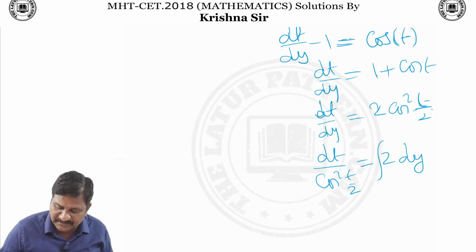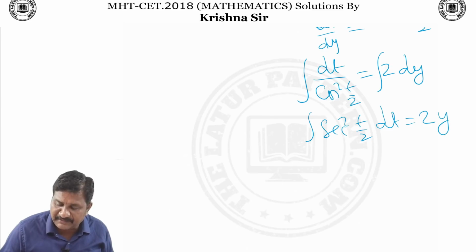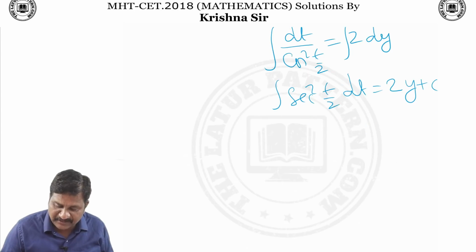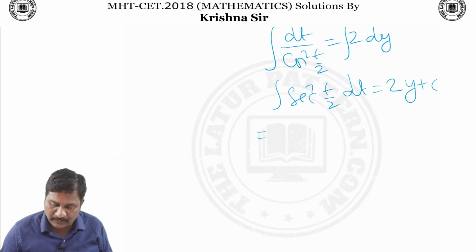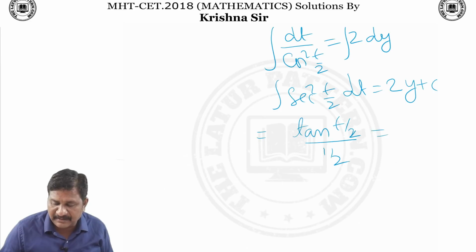Now both sides we are integrating, so 1 upon cos square can be taken as secant square t by 2 dt, which is equal to 2 into integration of 1 dy, y plus c. Now integration of secant square is tan t by 2, and its inner derivative 1 by 2, and here 2y plus c.